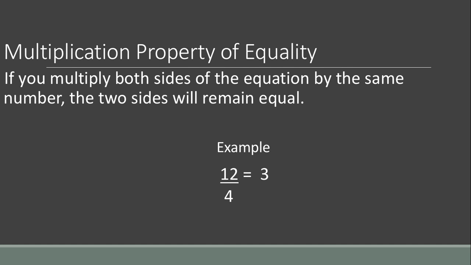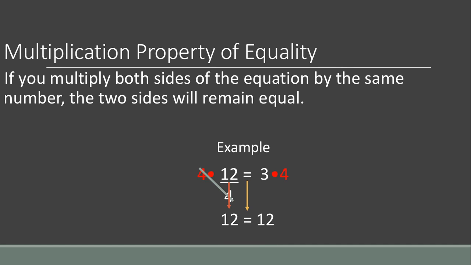So since we start off by dividing by 4, we are going to multiply by 4 because that is our inverse operation of division. So the 4 in the top, or in the numerator, and the 4 in the denominator cancel each other out. And I'm left with my 12 and my equal sign.